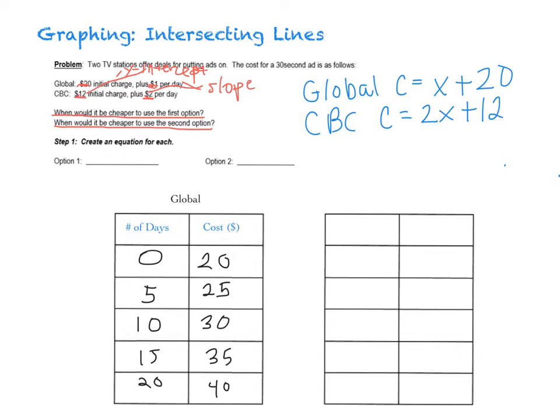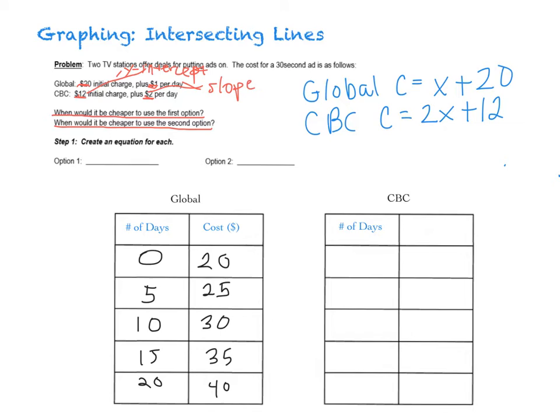Now I can do the table of values for the CBC. And in the left-hand column, I'm going to put number of days. And again, I'm going to use the same interval for the x variables as I used for Global. So I'm going to go up by 5.